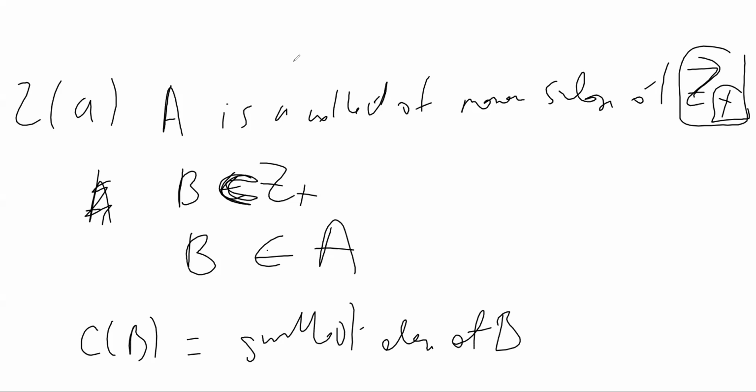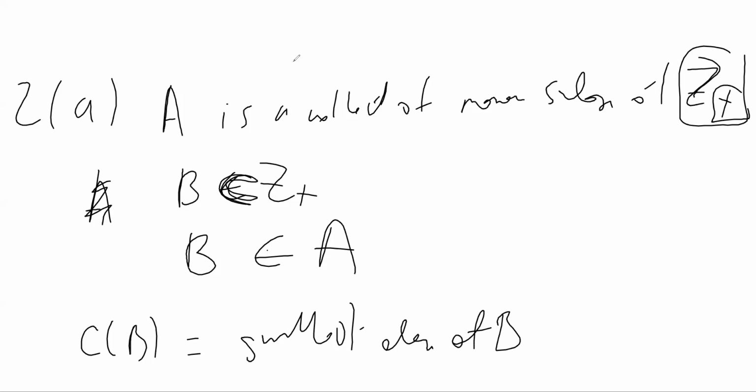And notice that your choice function doesn't have to be injective. So even if those subsets of Z plus have common elements, and those common elements happen to also be the smallest elements, it's still fine. Okay, so we came up with the choice function.